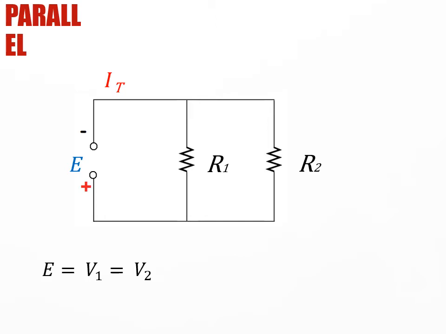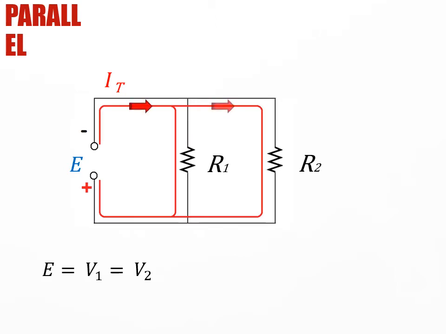Same as before, when we connect these resistive loads to the source, current will start to flow. And the current will flow through both R1 and R2 at the same time. The total current, IT, has to be able to supply current to both R1 and R2.